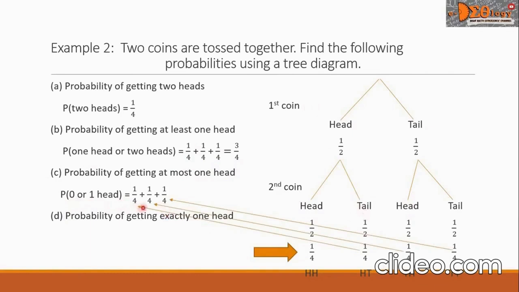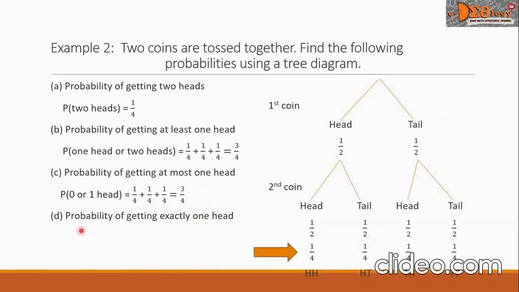Another 1/4 comes when we have tail in the first coin and head in the second coin. Plus 1/4, and this comes from tail in the first coin and tail in the second coin. So we have the answer as 3 over 4.